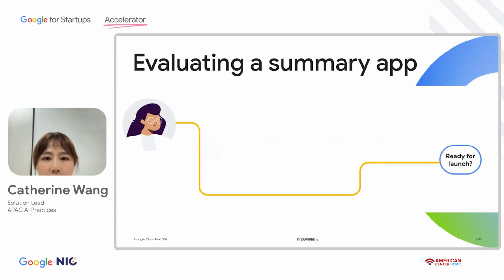So let's take a very, very simple example. When we are evaluating an application that can automatically summarize, let's say, a meeting record or a chat history, before you're ready to launch, the first thing is, how can I craft my prompt template?